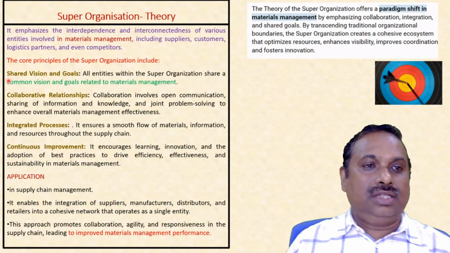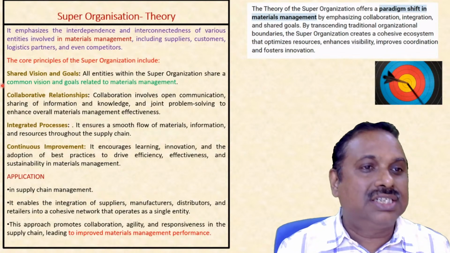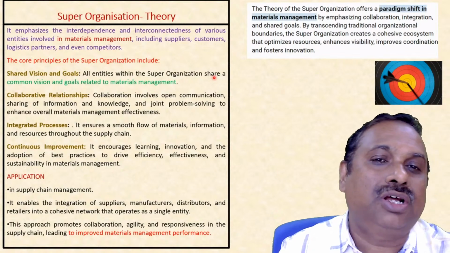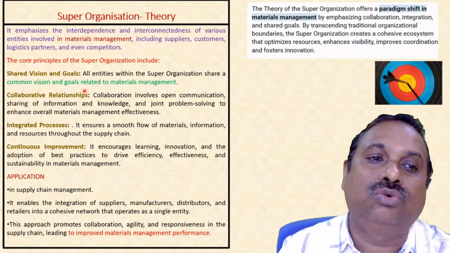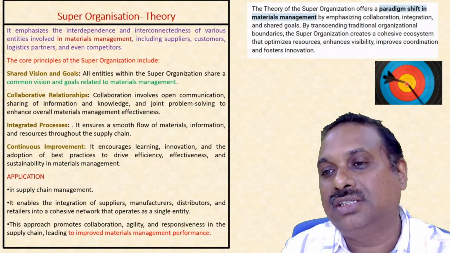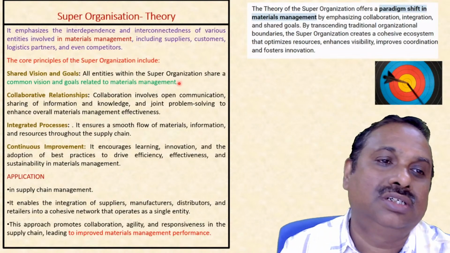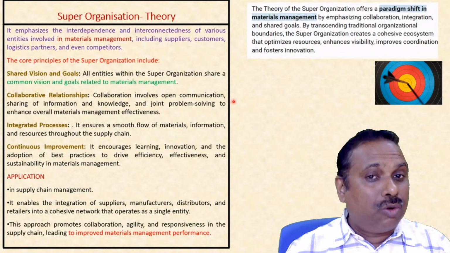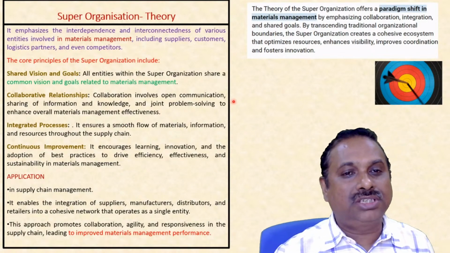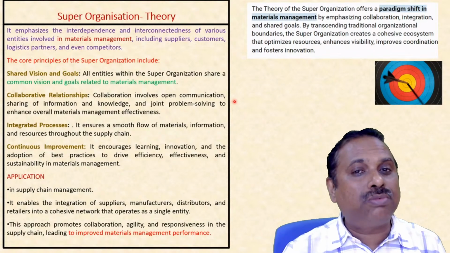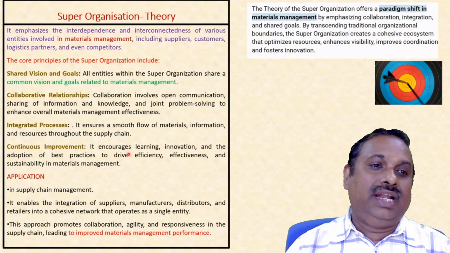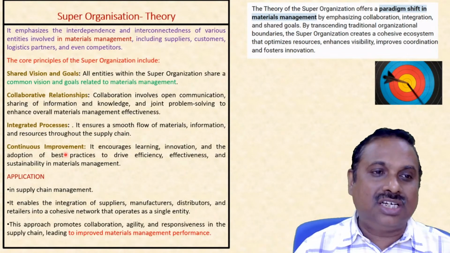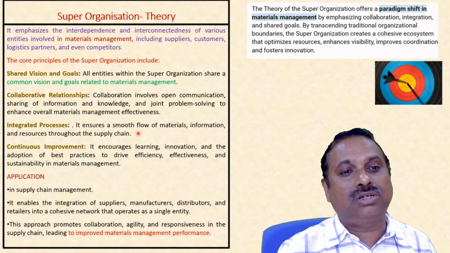There are some principles. One is shared vision and goal: all the entities within the super organization share a common vision and goals related to this bullseye, which is materials management. Collaborative relationship: it involves open communication, sharing of information and knowledge, and joint problem solving. Integrated processes: ensure smooth flow of materials, information, and resources throughout the supply chain.